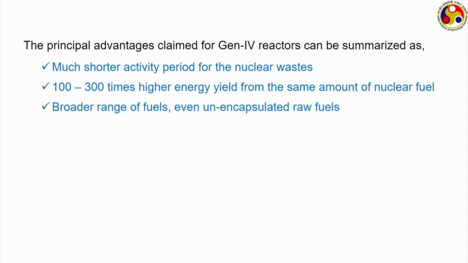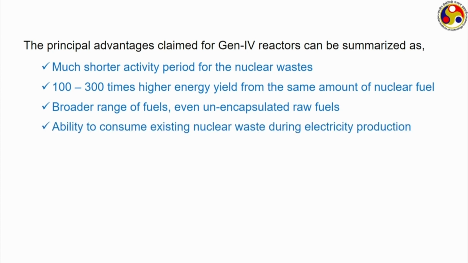Broader range of fuels, even raw fuels can also be used. Then ability to consume existing nuclear waste during electricity production, that is the nuclear waste that we are getting from generation 2 reactors can also be used as the fuel here.